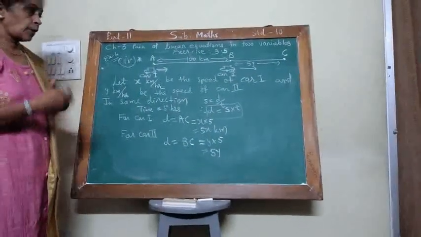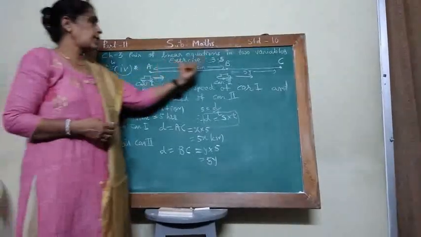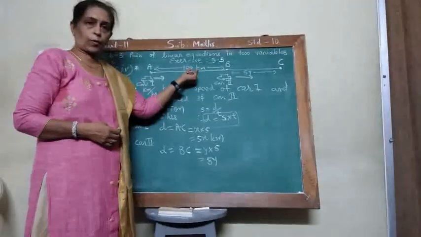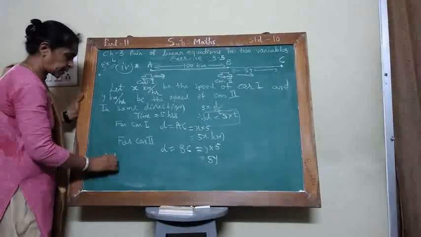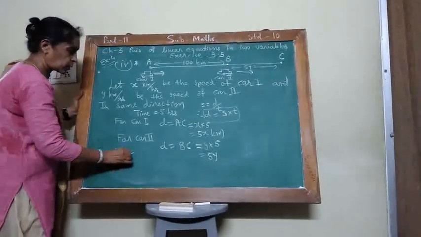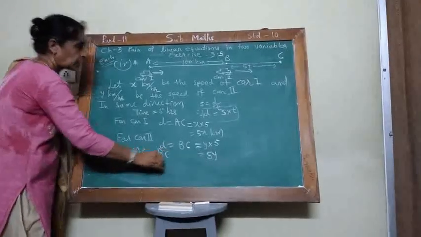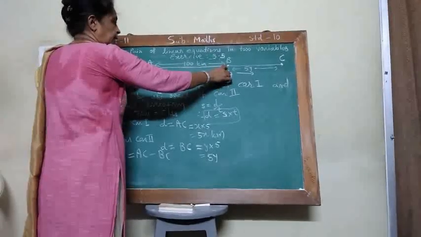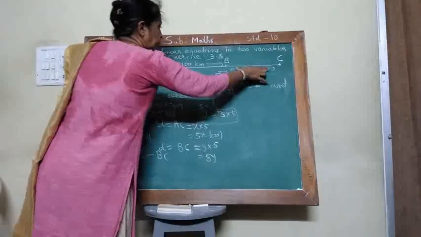Now you have to form the equation. They say the distance between the two places A and B is 100 kilometers. That means you write the equation AB is equal to AC minus BC. Are you agree with this? Because we know AB is 100, so this much distance is equal to the whole distance A to C minus BC.